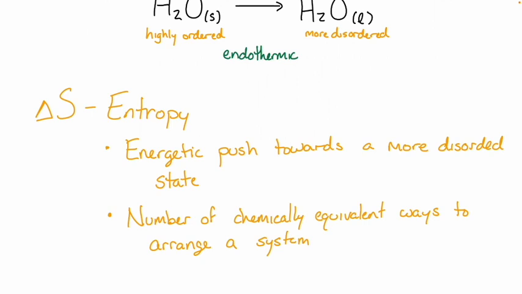All right, and this is the very wonky kind of statistical mechanics definition here. Truthfully, I just think about it as an energy of disorder. That's the more helpful one.